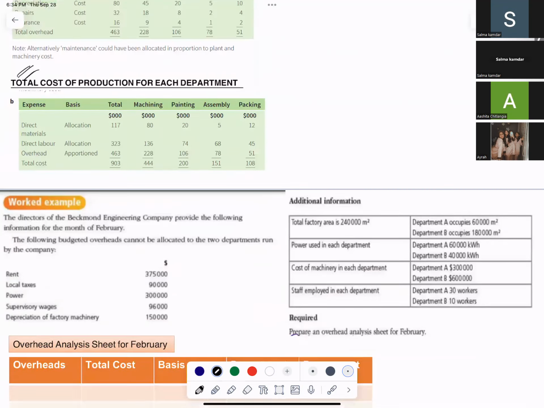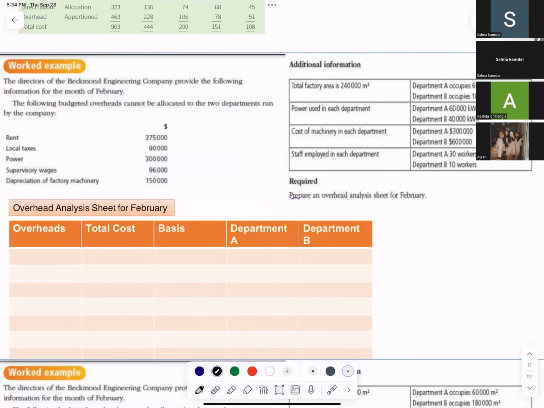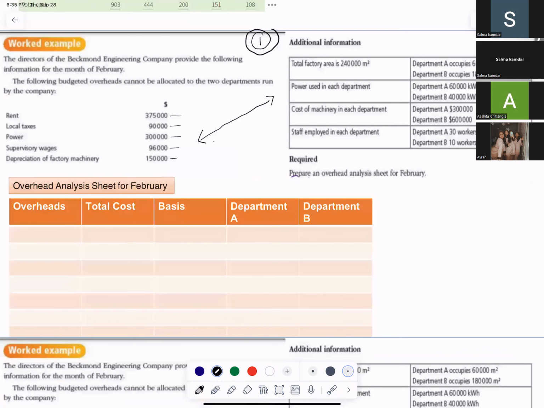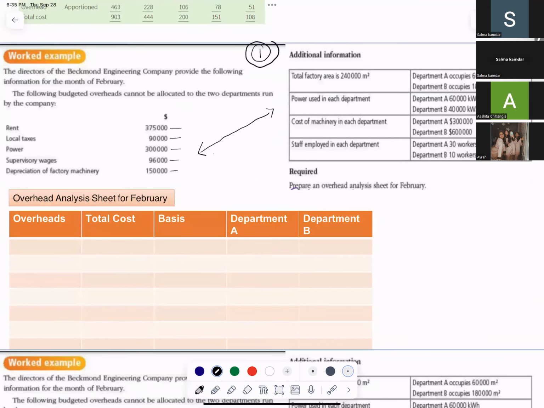Now after this, I have given you two sums which I want you to do yourself and evaluate yourself. This is the first worked example. This is your overheads expenditure, and here is your basis. What is KWH?